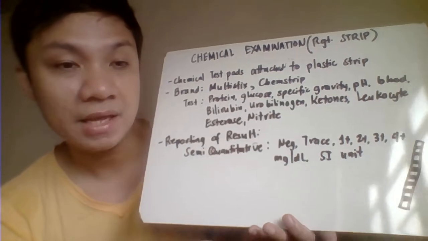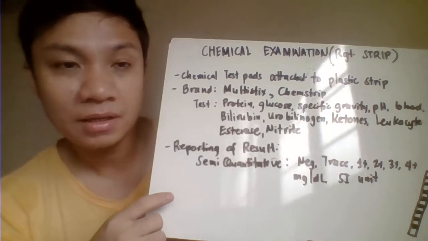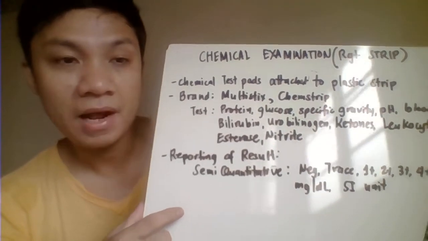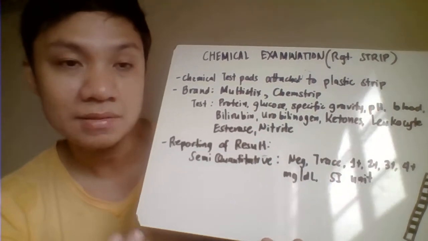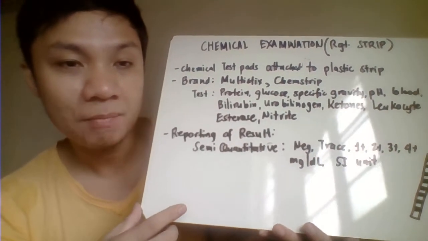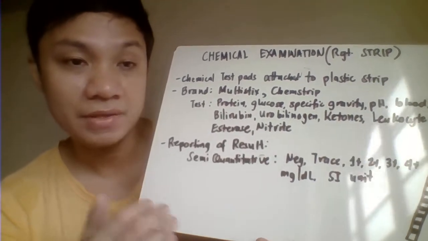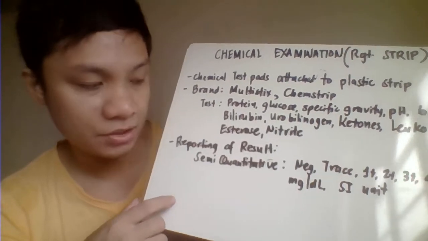Then we also have the test for nitrite. This would determine the presence of the different chemical constituents or analytes dissolved in our urine sample that help us correlate the result with your physical examination and even your microscopic examination.